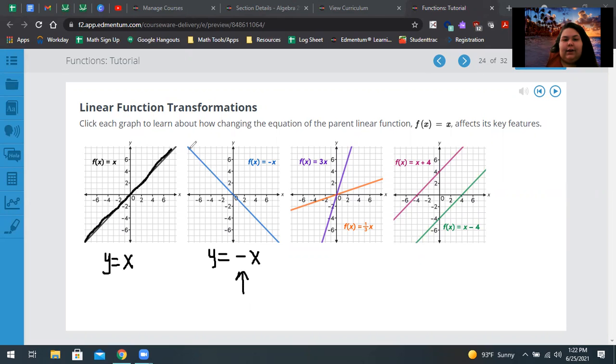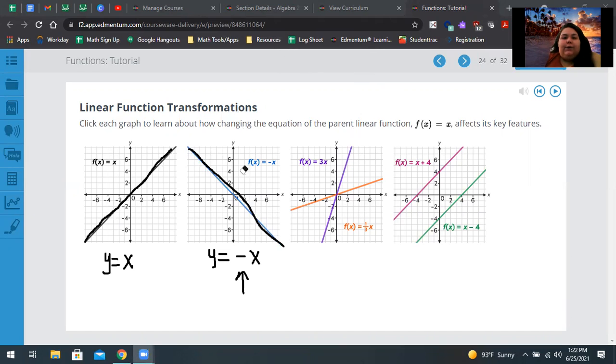Adding that negative there actually made it go downhill. So the negative does a reflection over the x-axis. Now, that only happens when the negative is outside. There is a reflection over the y-axis, but that's when the negative is inside, which I will explain a little bit more as we continue on.